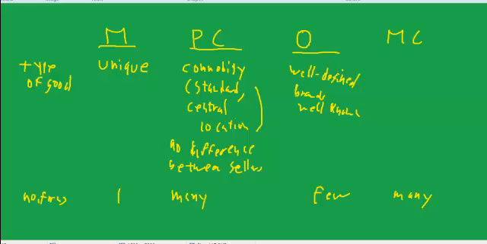We know the cable company and the local telephone company, and maybe some smaller providers, satellite. There are not that many providers of broadband internet. So that's an example of oligopoly.